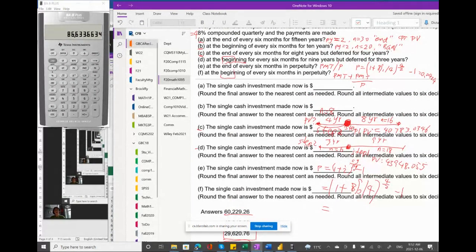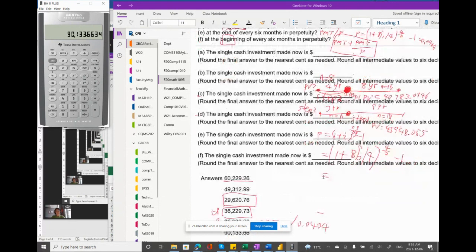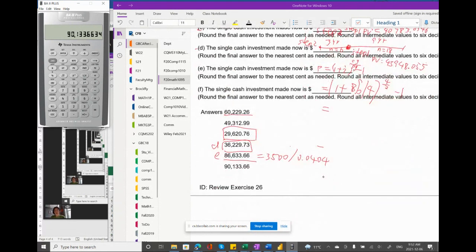Remember, when you have BGN, the perpetuity formula is PMT plus PMT over P. So this number plus 35,000 is the answer. So this number is 35,000 plus 35,000 over 0.0404.